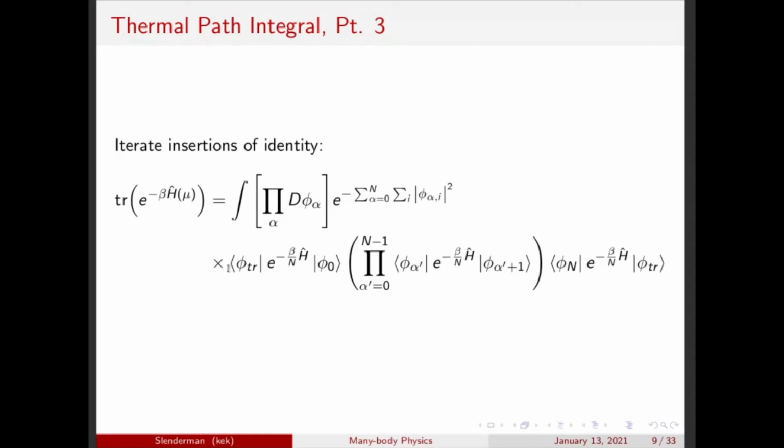And I have done this iteration n times. In the second line here, these are all the different matrix element products that come from this process. And this is the same thing that you do when doing regular path integrals in quantum mechanics, which was covered a few weeks ago.